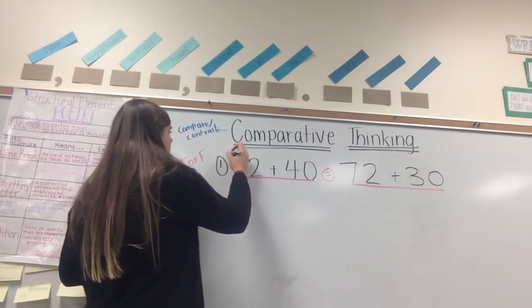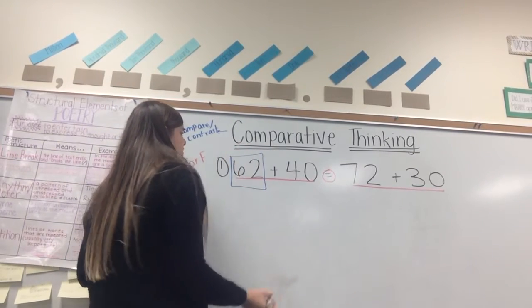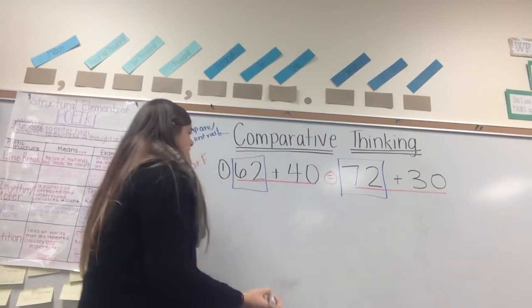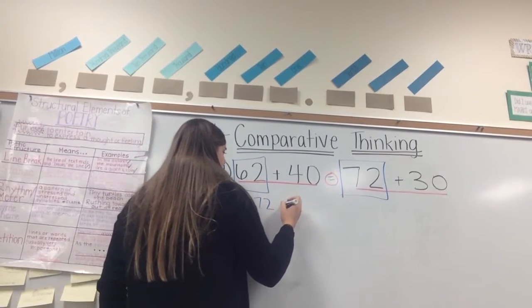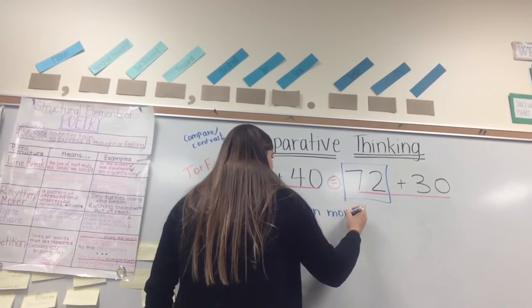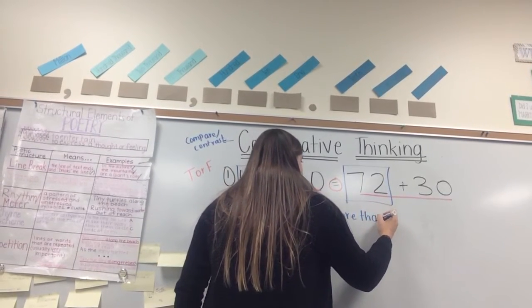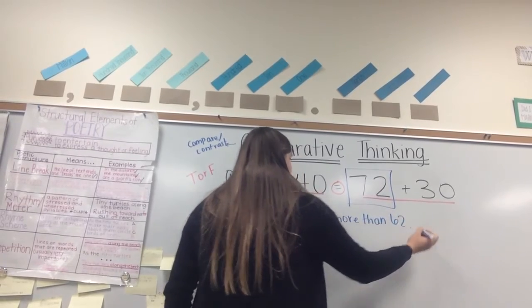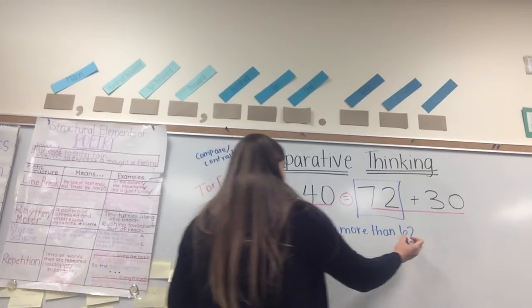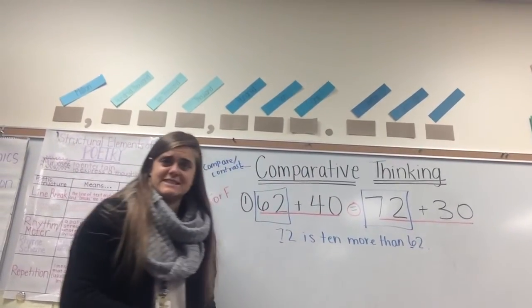For example, if I look at this first number, 62, and I look at 72, I know that 72 is 10 more than 62. Do you guys agree? Because if you look in the tens place, 70 is 10 more than 60.